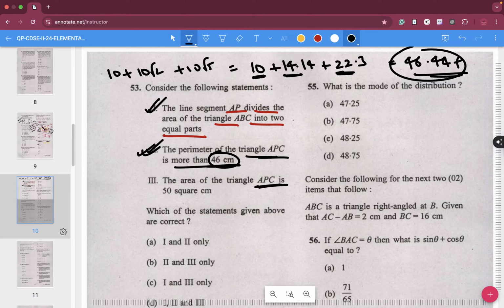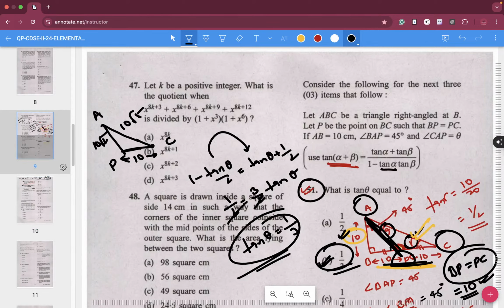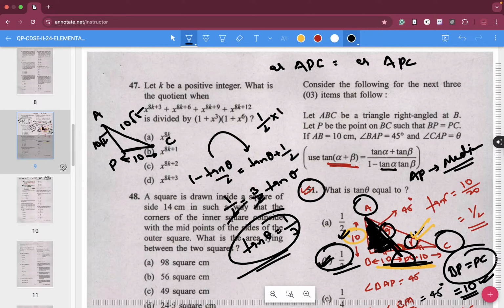The area of the triangle APC is 50 square centimeter. You know this AP is the median, which is what we have found out. So in that case the area of triangle ABC will be equal to the area of triangle APC. These two areas will be the same, yes or no? If these two areas are the same, you know what the area of ABC is, half into base into height, which is 50.